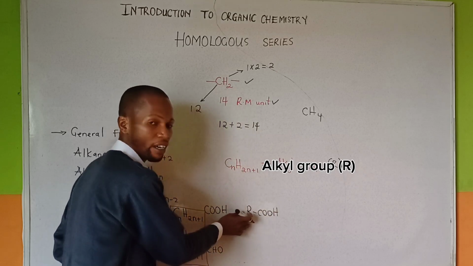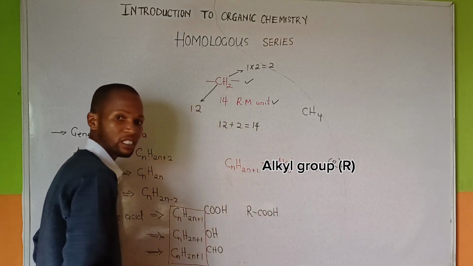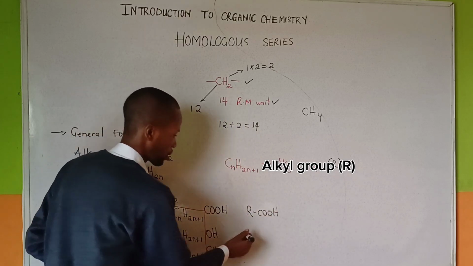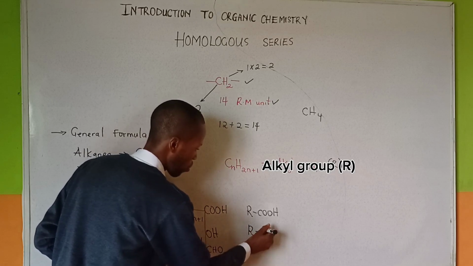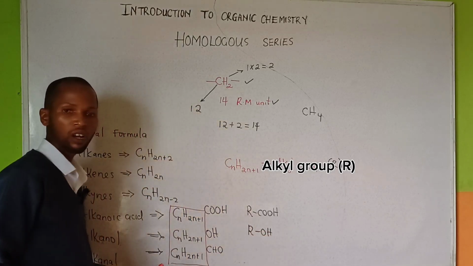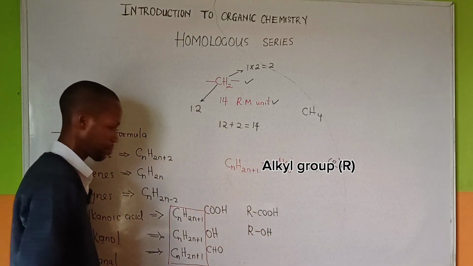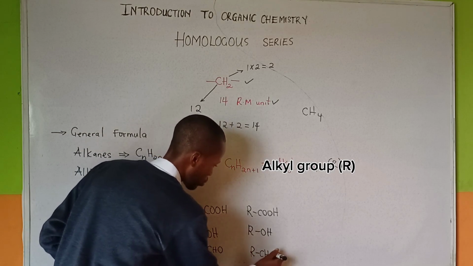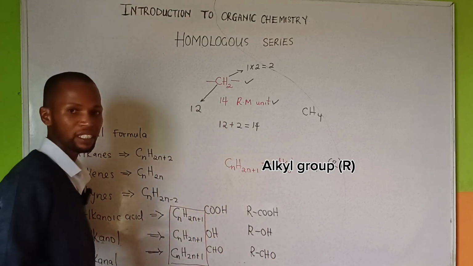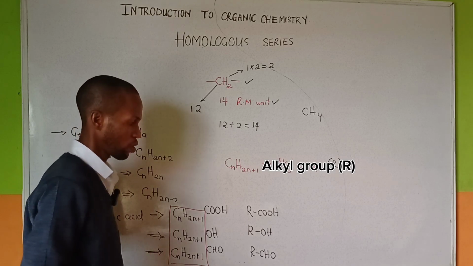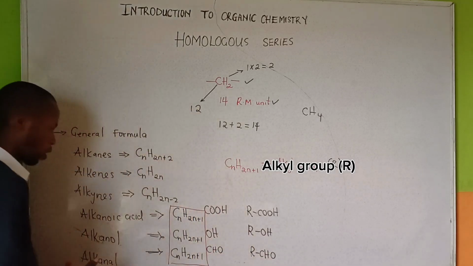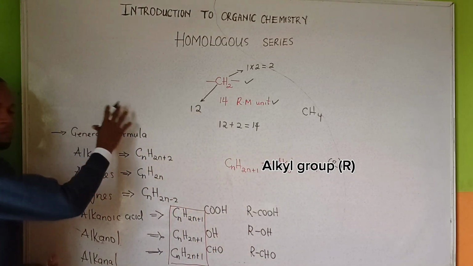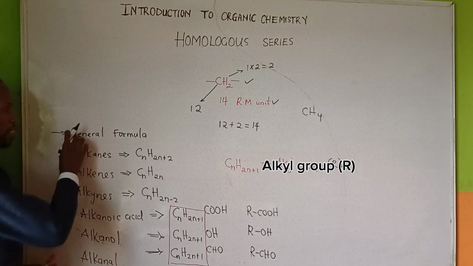RCOOH, the alkyl group with the COOH. We have ROH, the alcohol, also known as the alkanol. We can also have RCHO, the aldehyde, also known as the alkanal. So we can observe that the members of the same series, they exhibit what?